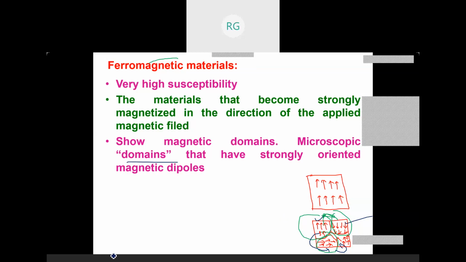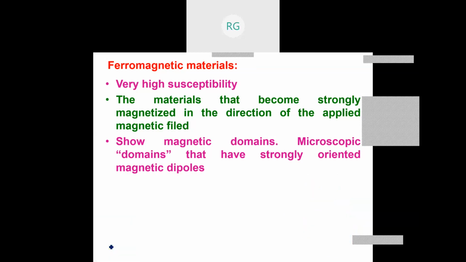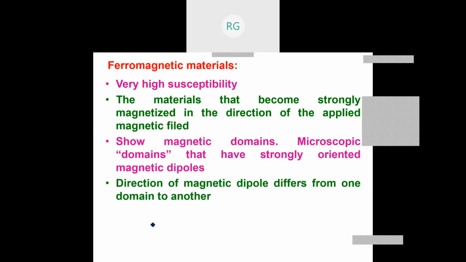Therefore the net magnetic moment is zero for a material, and hence even though iron, nickel, cobalt are called ferromagnetic materials showing spontaneous magnetization because of the existence of domains, these domains are randomly distributed, so they cancel each other, and hence they don't show a net magnetic effect.